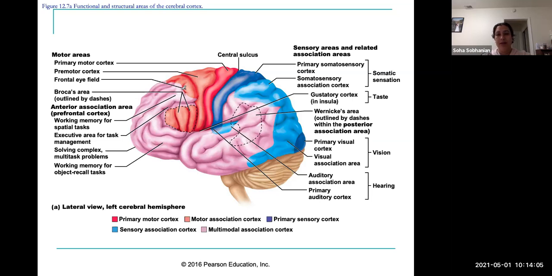And then the answer to that would be primary visual cortex. So I can either ask you the actual name, so the answer would be primary visual cortex, or I could just have a letter, say letter A, and you should pick that letter for the answer.